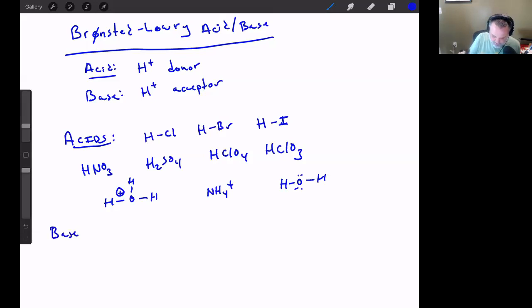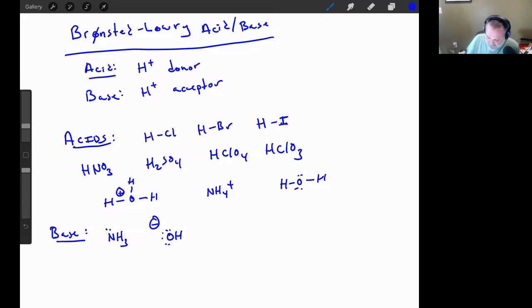Bases, Bronsted-Lowry bases, are typically things that have lone pairs of electrons, like ammonia, hydroxide. It doesn't necessarily have to have a charge, but it has to have some electrons to accept protons with.